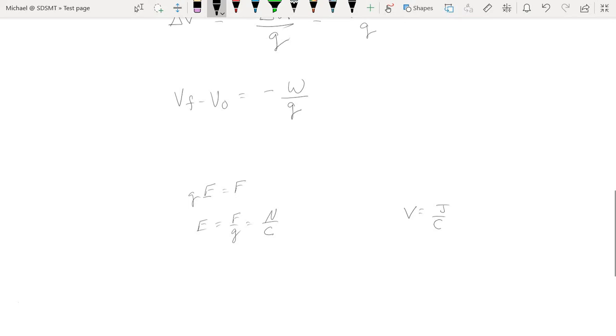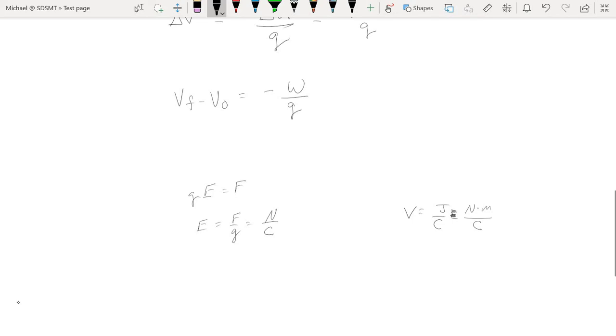So let's see here. A joule is a Newton meter. I'm sorry, this is not a product, this should be an equal sign.